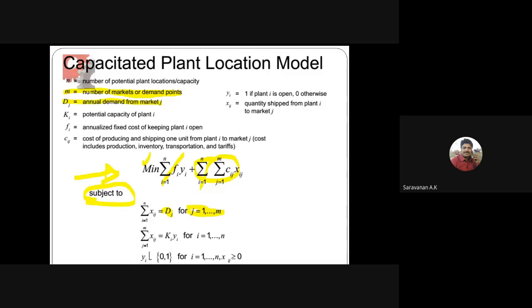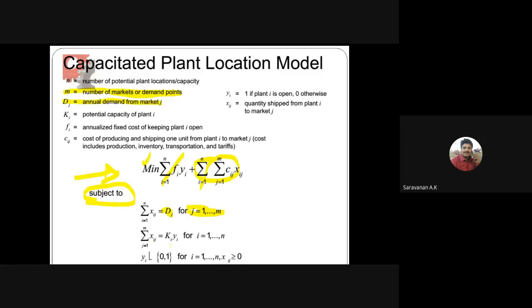Then the second constraint is that no plant can supply more than its capacity. Ki is the potential capacity of the plant. The demand has to be supplied in the correct manner, so the excess capacity will not be there.